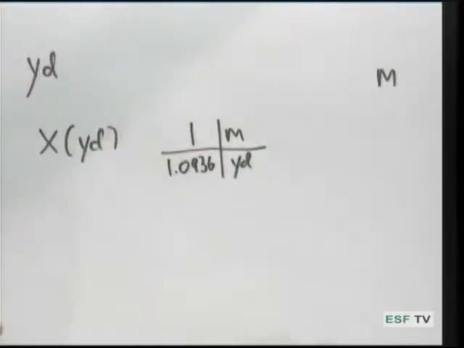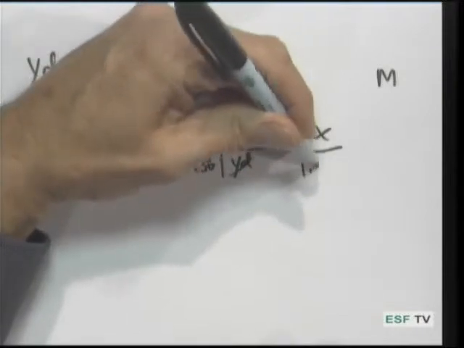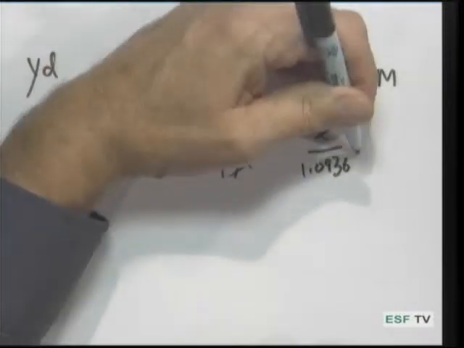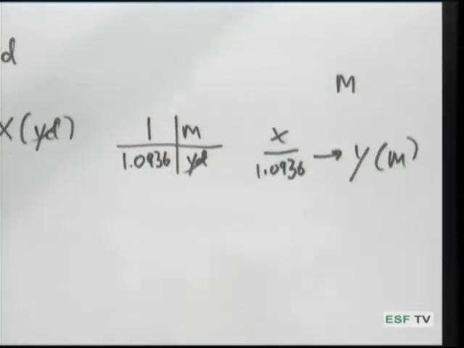All right, and so our yards cancel. Our conversion factor is going to be x divided by 1.0936, and that will give us a quantity y that is measured in meters now.